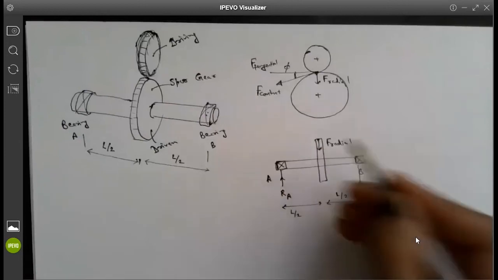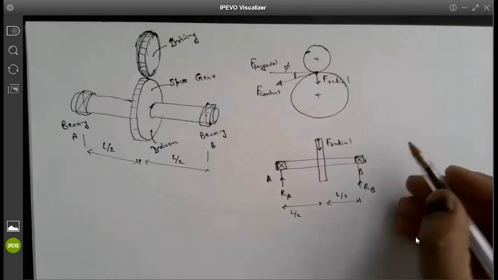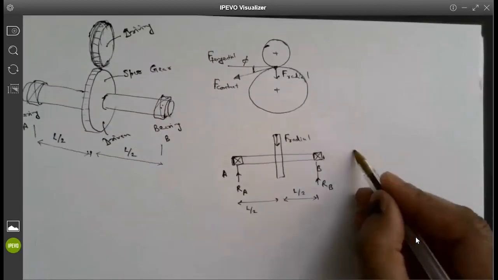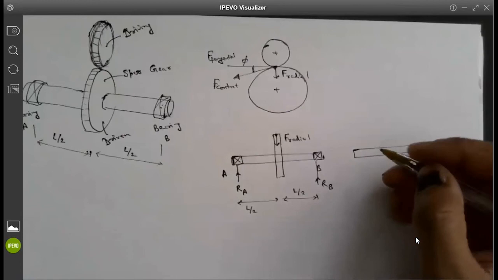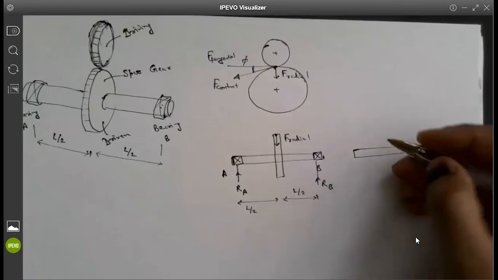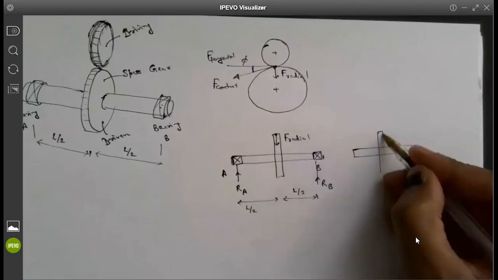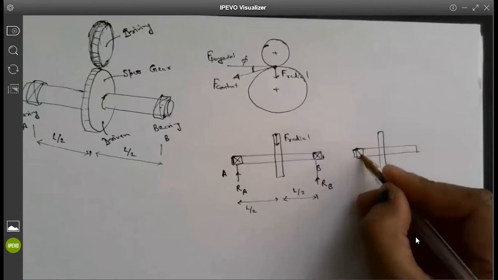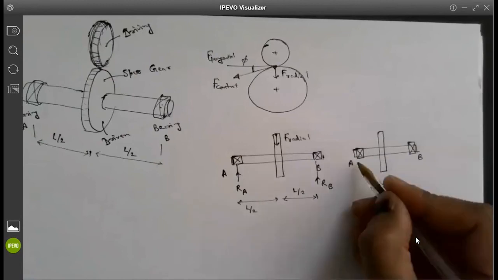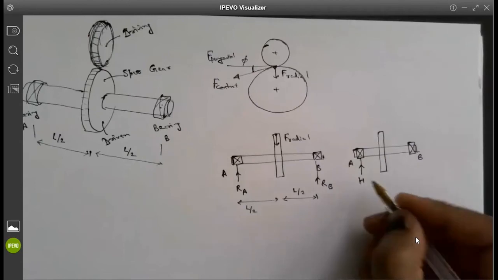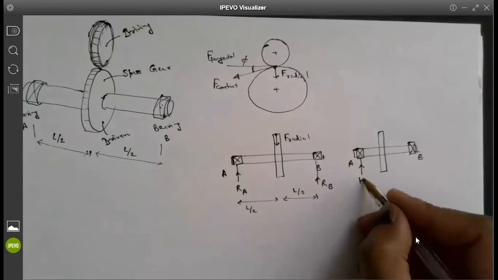If this is your F radial, similarly, you need it for F tangential as well. Let's say I'm calling this as HP and HP.